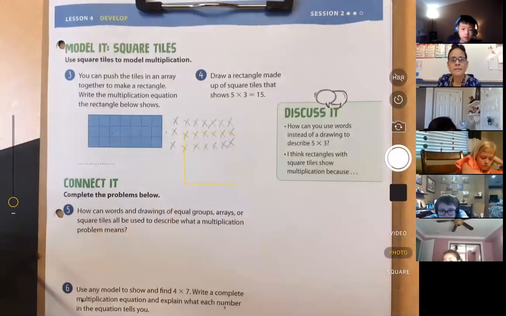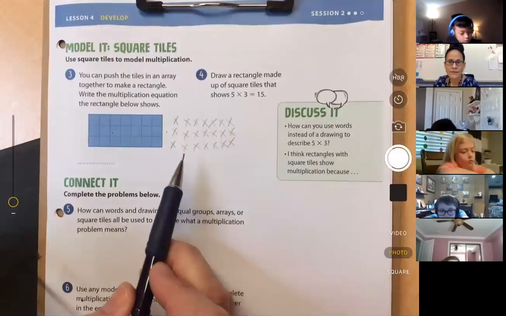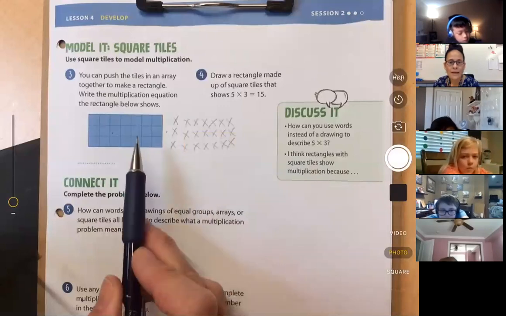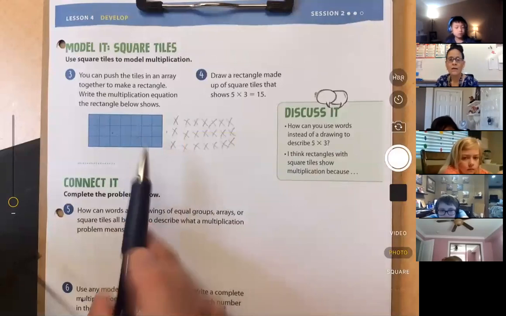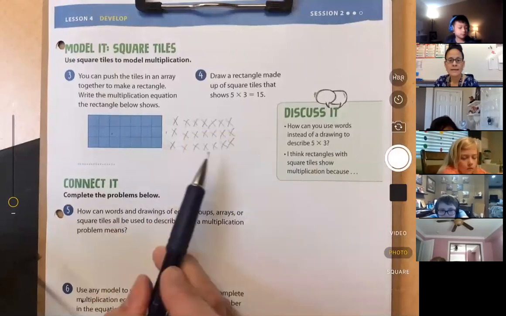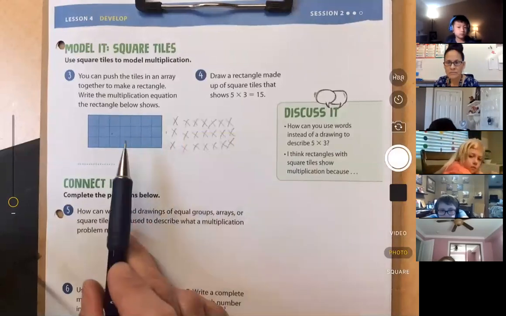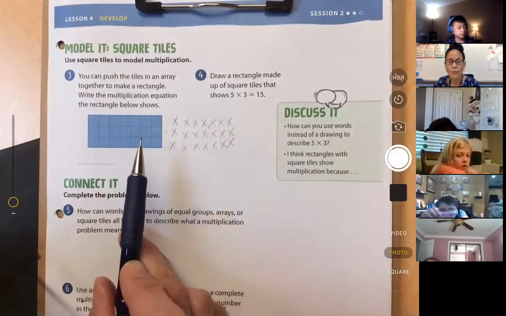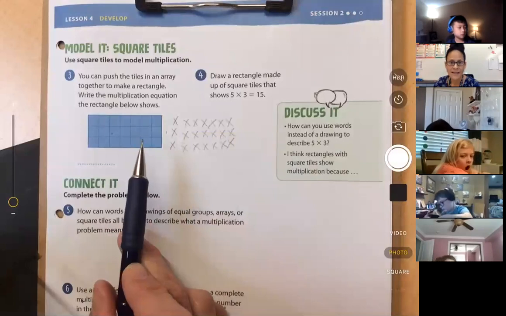The point in me drawing all of these little X's here is to show you that this array that I just very quickly constructed with X's and this rectangle that looks like a grid, all the array is here is just pushed together. This is the exact same thing. It's representing the exact same thing.